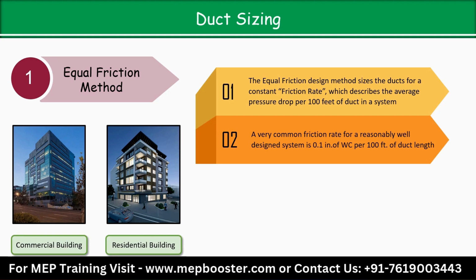The friction loss value is usually selected based on acceptable noise level and energy consumption, typically between 0.08 to 0.1 inches of water gauge per 100 feet of duct length. So at every 100 feet of duct length, if you are using the equal friction method, we have to keep the friction constant, meaning 0.08 to 0.1 inch of water gauge per 100 feet of duct length, correct?